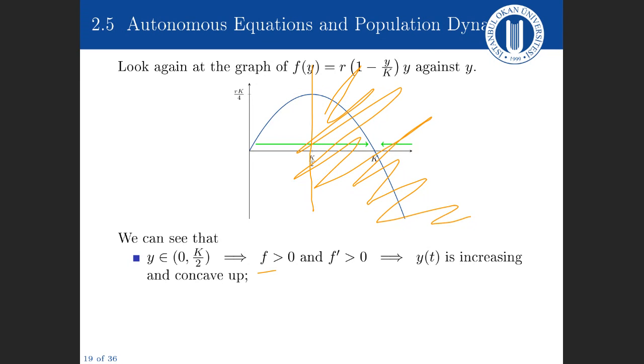So we have f positive multiplied by f prime positive, positive multiplied by positive is positive. We have increasing and concave up.